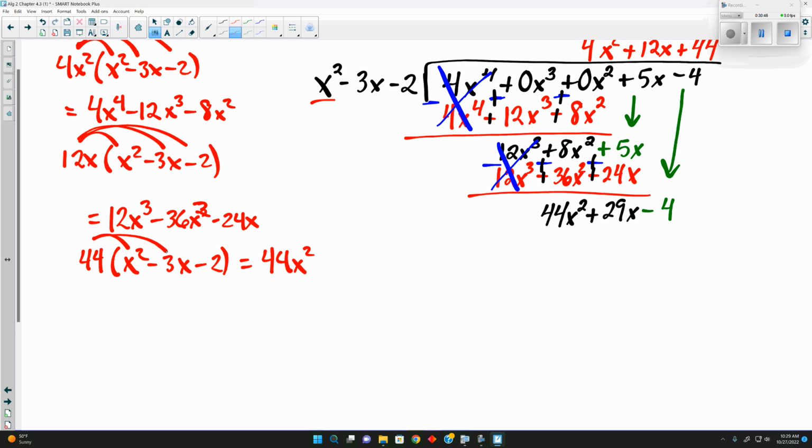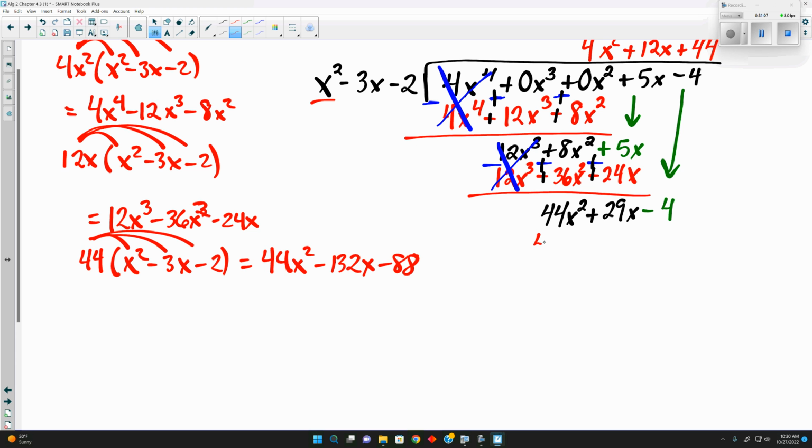Well, in a calculator, you could do -3 times 44, which would give you, I believe, -132x. And 44 times -2 is -88.